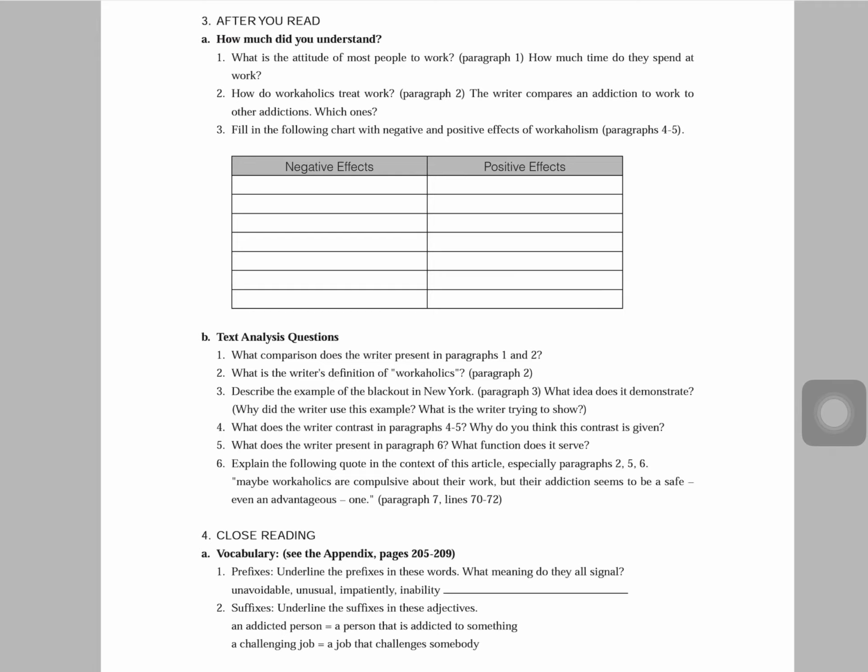So, what is it about? It asks you how much you understood, so you have to complete this information. You do the text analysis questions, you answer them, and then a close reading that has to do with vocabulary. Here it says vocabulary, see the appendix pages 205 to 209.